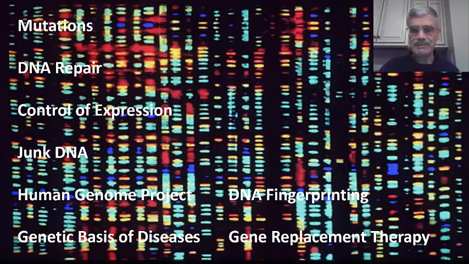Another final topic just to mention is gene replacement therapy. This sort of goes along with the genetic basis for disease. An active area of research is to try to develop ways to actually replace non-functional genes. That is, if you have a genetic deficiency disease because the gene for a particular important protein just isn't working, the idea is to try to replace it by gene replacement therapy.